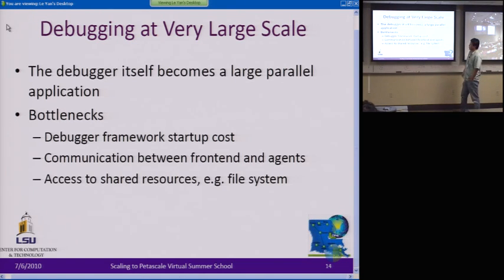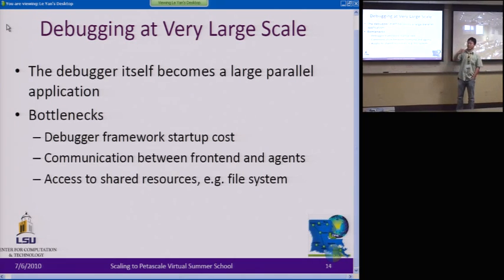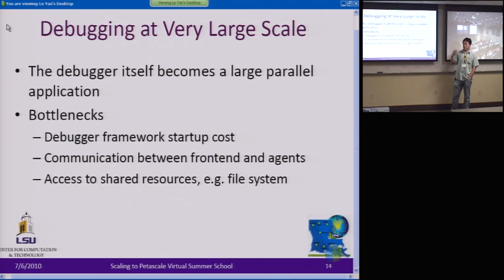Okay, so just to list a number of things here. You can have a startup cost and communication between the front end and agents. The volume of data that needs to be collected by the agent and sent back to the front end of the debugger could easily cause network congestion.